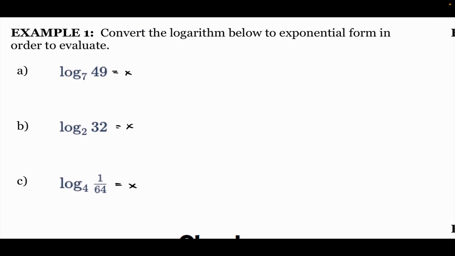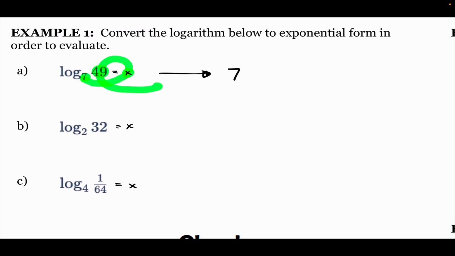So what we're going to do is we're going to change it to an exponent. I'm going to use the loop trick. You can use the color code. I'm going to use the loop trick. So the loop trick says, start with the base. And then go over here to this side, and then finish out back on this side.